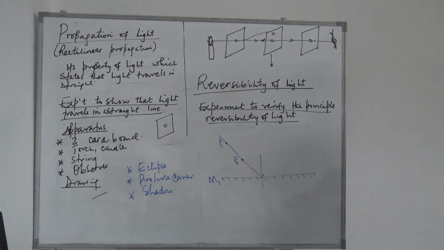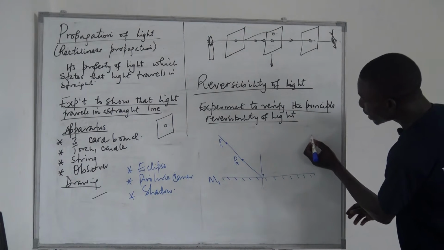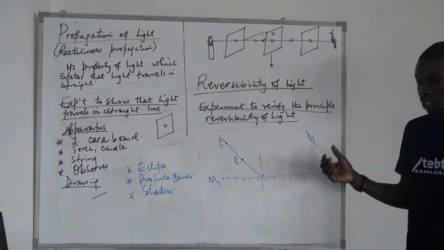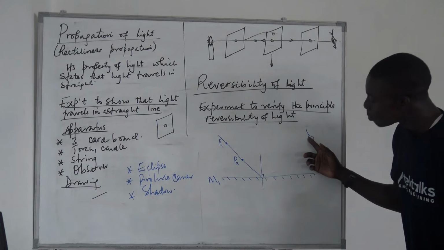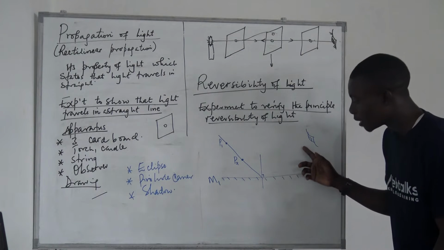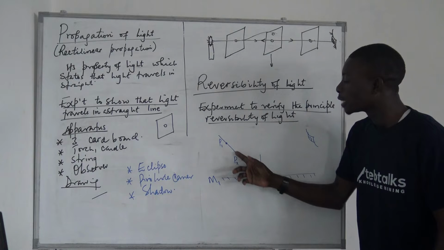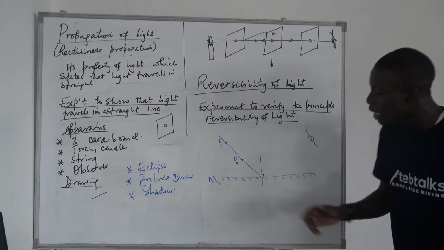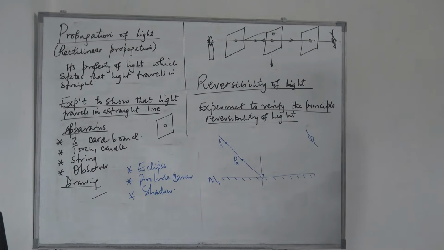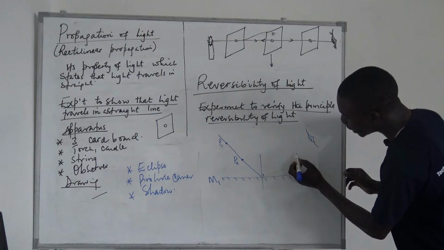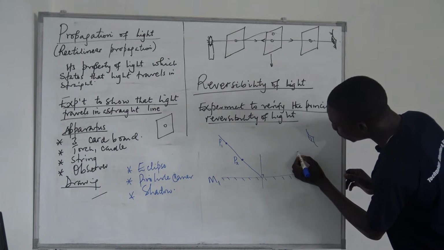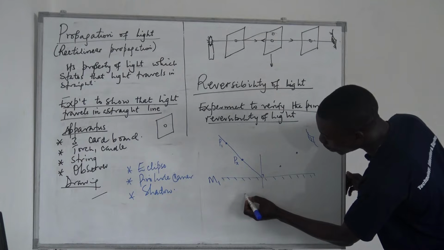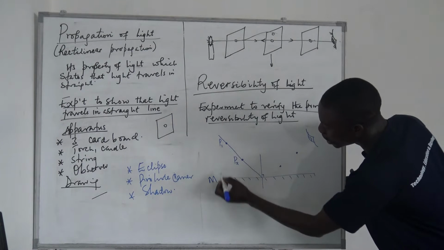Is that okay? And then as you are observing from this other side here, you put another pin in a line here, such that these two appear to be in the same line with what you are putting. Is that okay? Therefore, you may put it here and here, because the image of this will come somewhere here, and the image of this will come somewhere there.